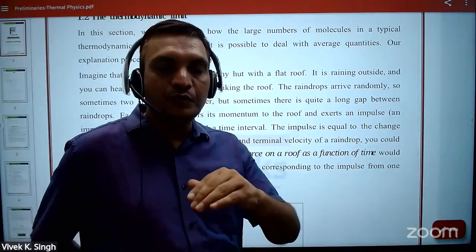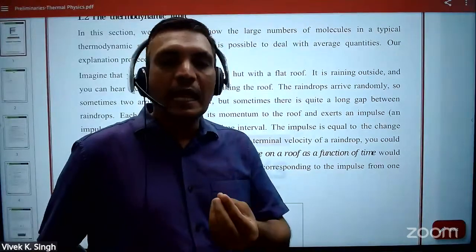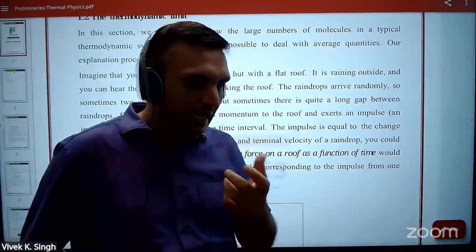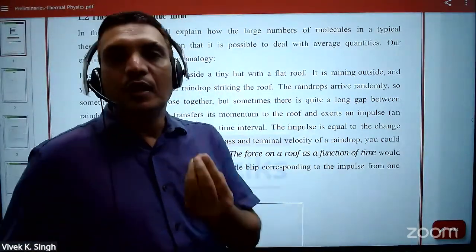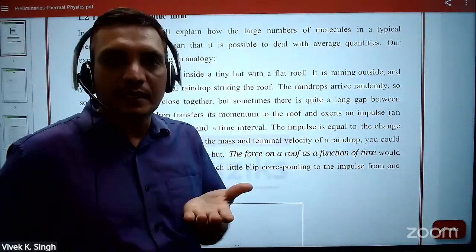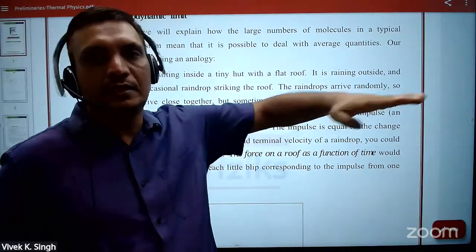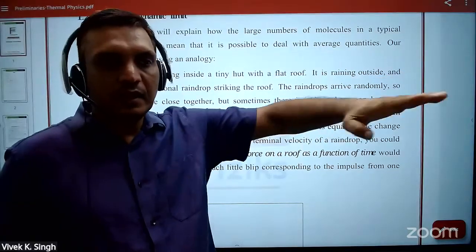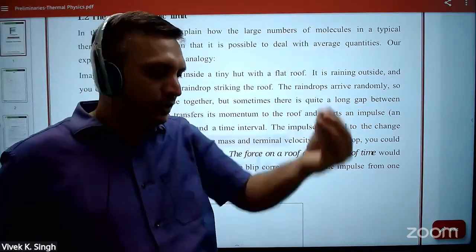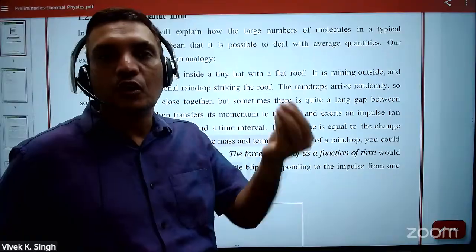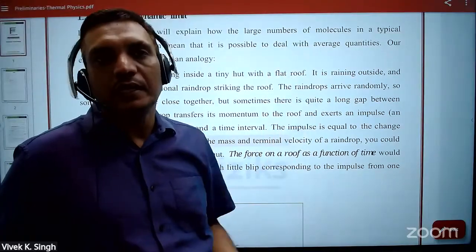If you want to understand this concept, I am taking one analogy. Let's assume you are inside a small hut that has a flat roof, and raindrops are falling on the hut.